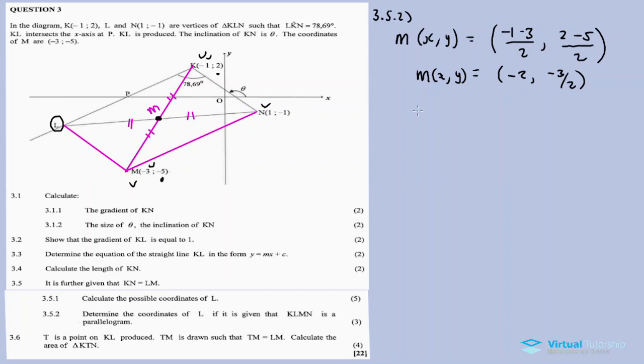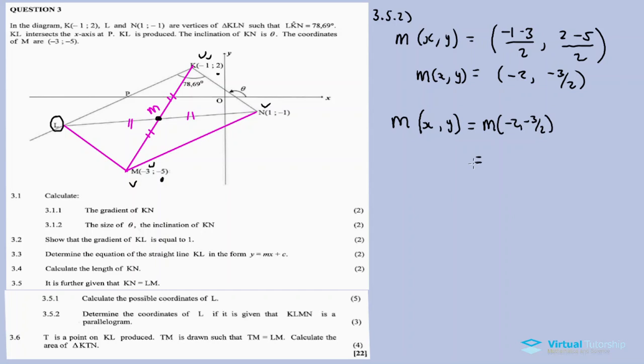So therefore, the midpoint can also be calculated using, remember, we calculated the coordinates of the midpoint above. It's negative 3 and 2.